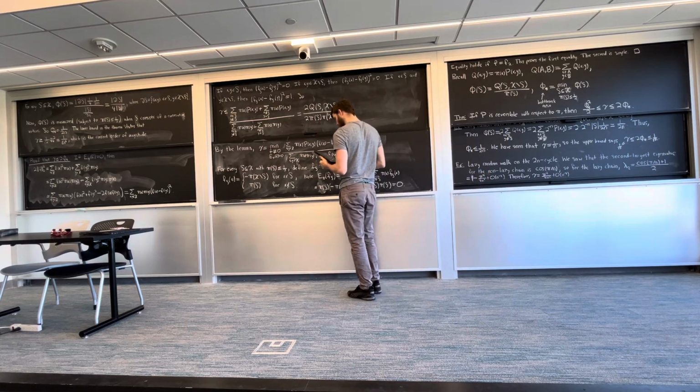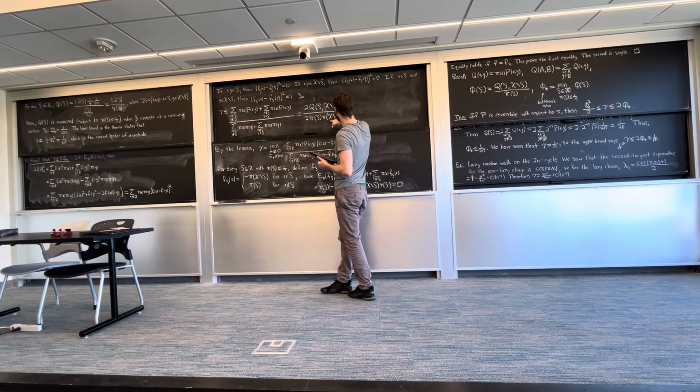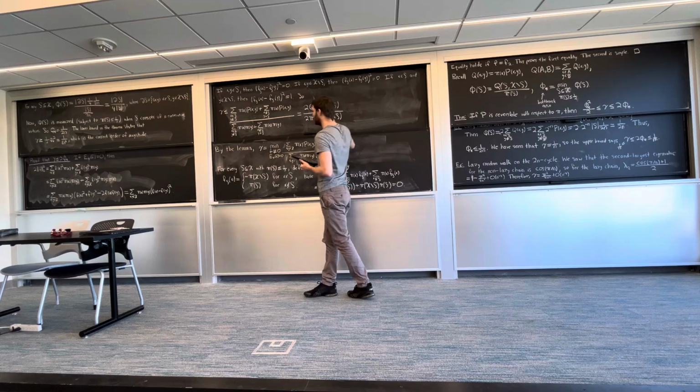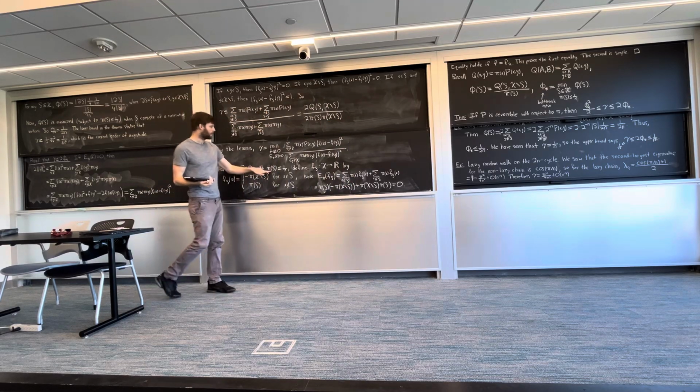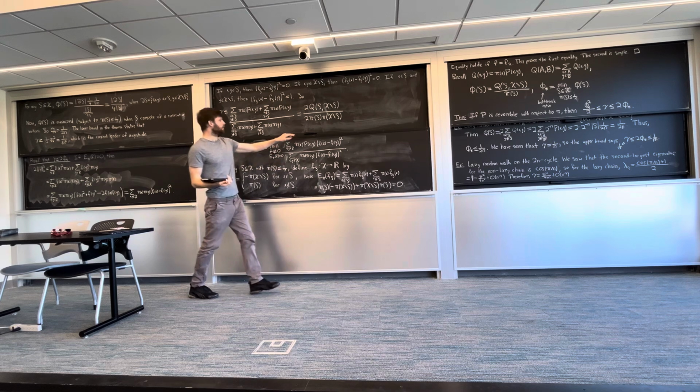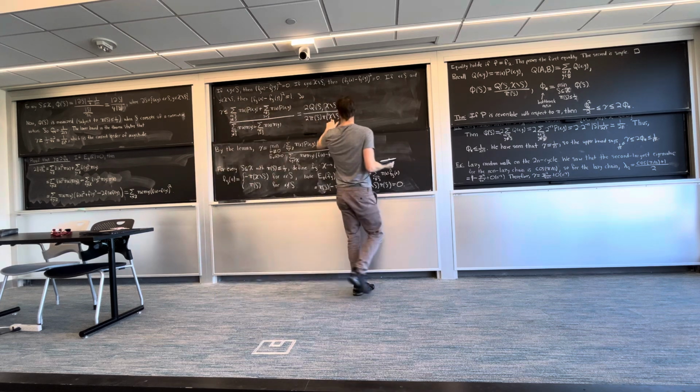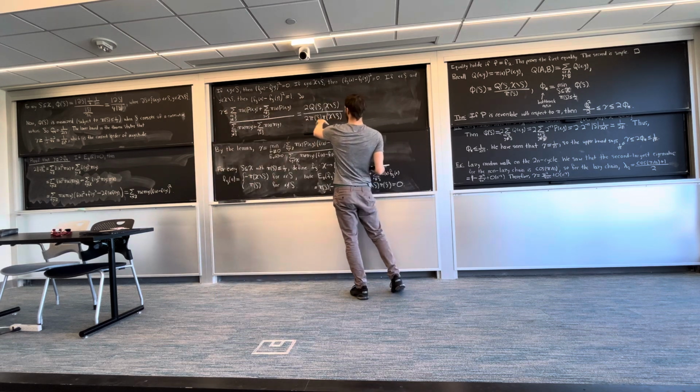And then, okay, what do I want to do? I want to say that pi of the complement of s is at least a half, because we're assuming that pi of s is at most a half. So if I replace this with a half, the denominator will get smaller, so the whole thing gets bigger.